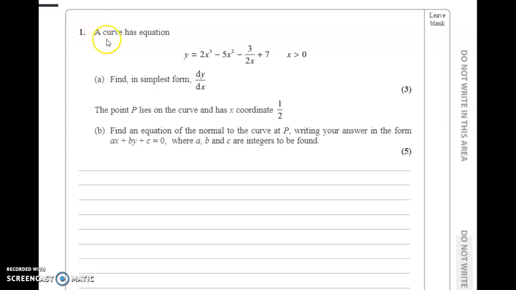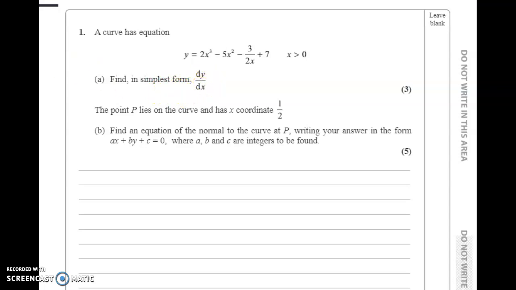So our question is: a curve has equation y equals 2x cubed minus 5x squared minus 3 upon 2x plus 7, where x is greater than 0, and part a states: find, in the simplest form, dy by dx.